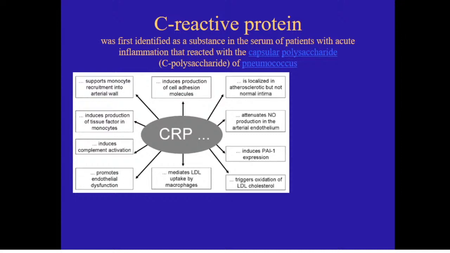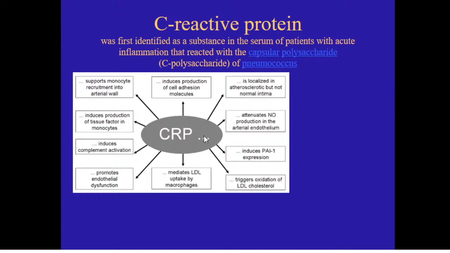The functions of this protein are very wide, and you can see that it supports monocytes going to the intra-arterial wall, induces production of adhesion molecules, interacts with production of nitrogen oxide, induces the expression of special mediators of inflammation, and mediates low-density lipoproteins and cholesterol, one of the triggers of their oxidation.